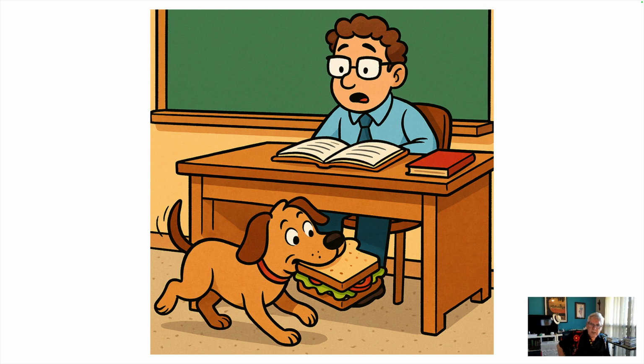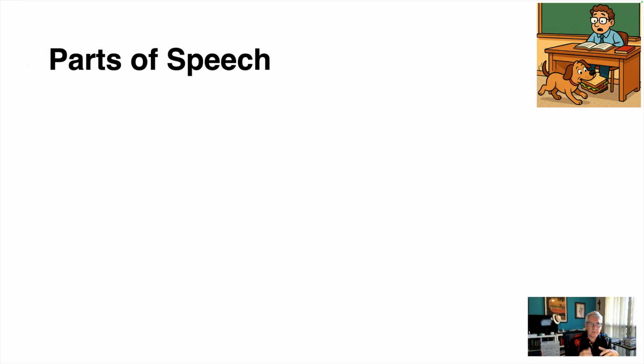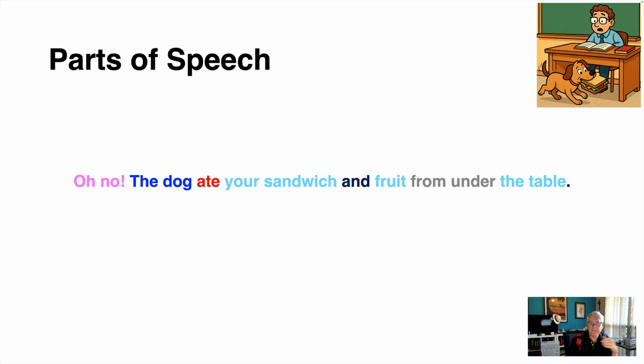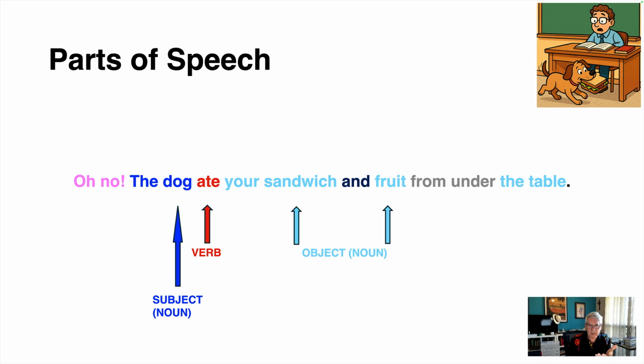So we're going to start by going back to our wicked dog who has eaten the sandwich from under the desk. Let's unpack it a little bit. Just a reminder, we're going to go over that sentence which illustrates some of the parts of speech. You'll remember that we had the verb, the subject, the direct object, the sandwich and the fruit in the original form of the sentence.